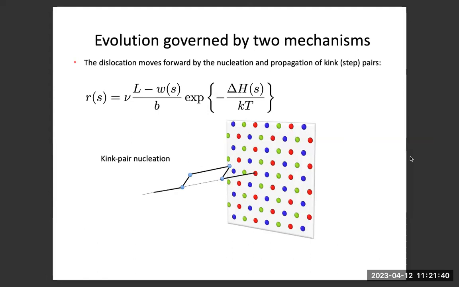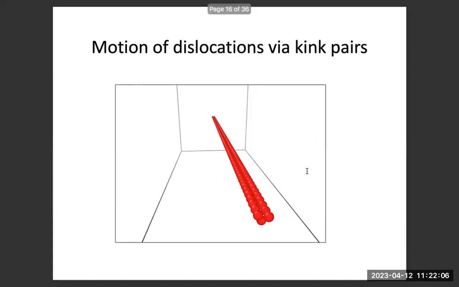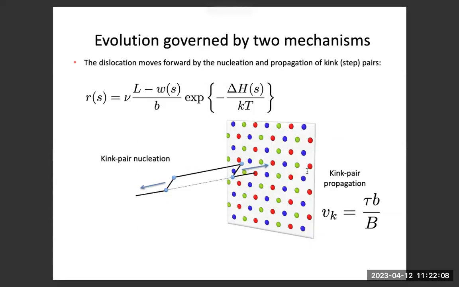Instead, you create the kink, and the formation of the whole dislocation in the other energy state is a step-by-step formation. Kink nucleation, kink pair nucleation, then kink pair propagation. Here we have only one kink pair, then more kink pair propagation, then the whole screw dislocation goes to the other energy state, goes to the other red dot.